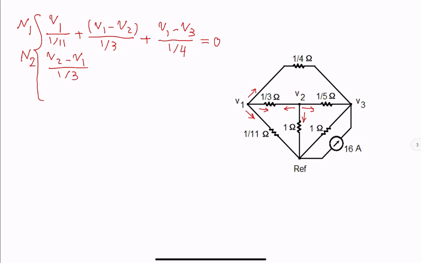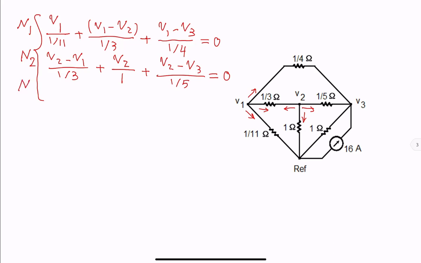Next component, current going straight down, is V2 over 1. And to the right, we have V2 minus V3 divided by 1/5, and that's equal to 0.